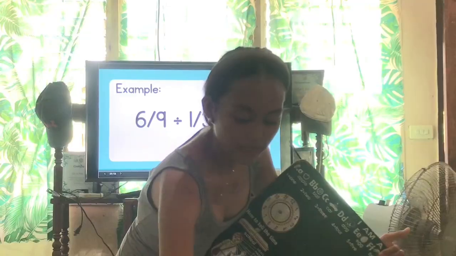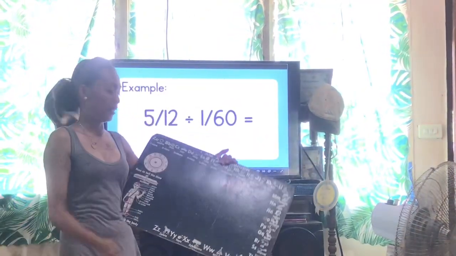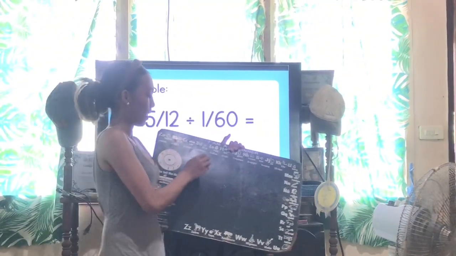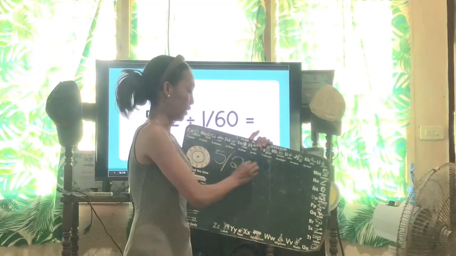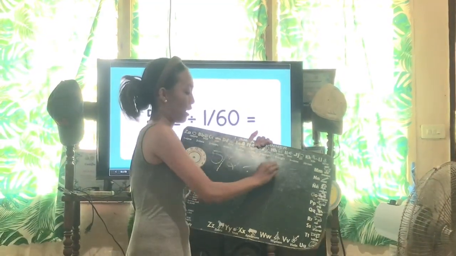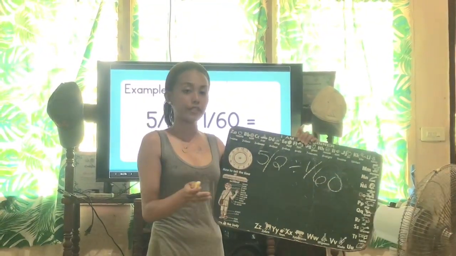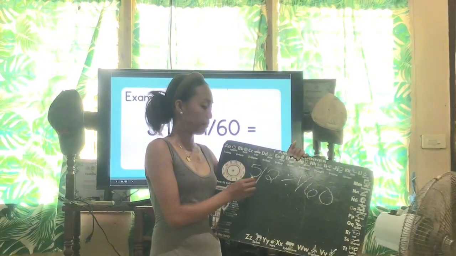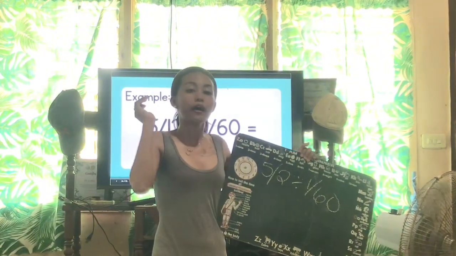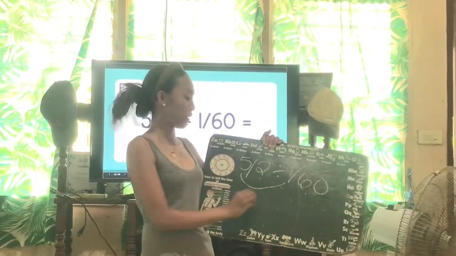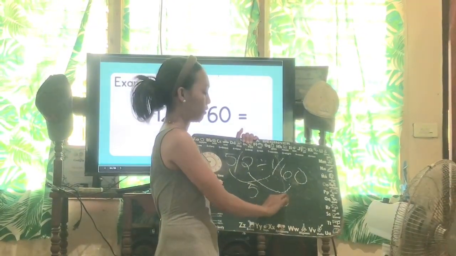And then the next one is, I have here an example. 5 is the numerator and 2 is the denominator, divided by 1/60. Let's first explain how to get the final answer. 5 divided by 1 is 5, and 2 divided by 60 is 5.